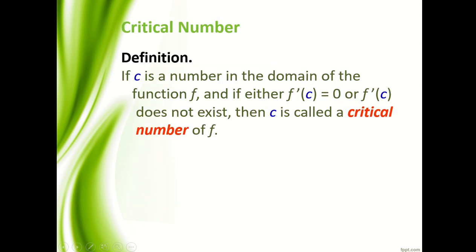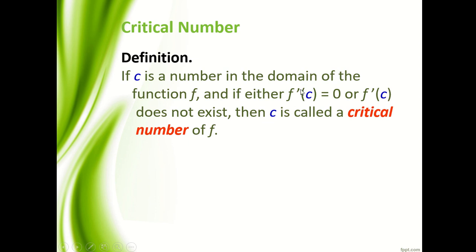All right. Now we also have what we call a critical number. So definition: if c is a number in the domain of the function f, and if either f prime of c equal to 0 or f prime of c does not exist, then c is called a critical number of f.